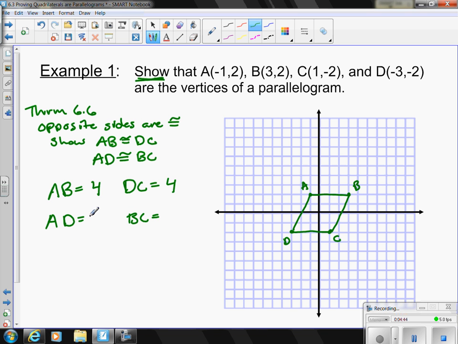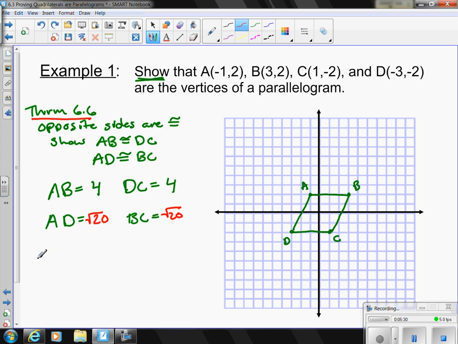You can use a right triangle and the Pythagorean theorem, or just the distance formula. 2 squared plus 4 squared, 4 plus 16, is 20, so it's the square root of 20. And over here, over 2 up 4, that's the square root of 20 as well. So we showed that this is a parallelogram by theorem 6.6.